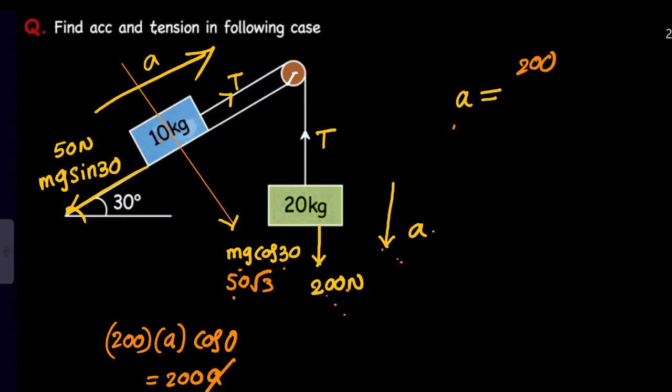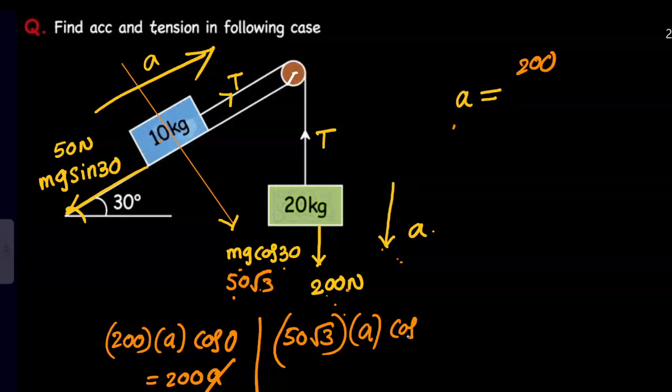The angle between the acceleration and 50 root 3 is 90, so cos 90 is 0. So this is 50 root 3 into acceleration into cos 90, which is 0.